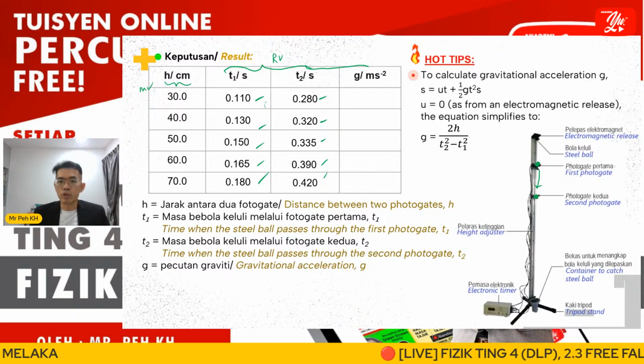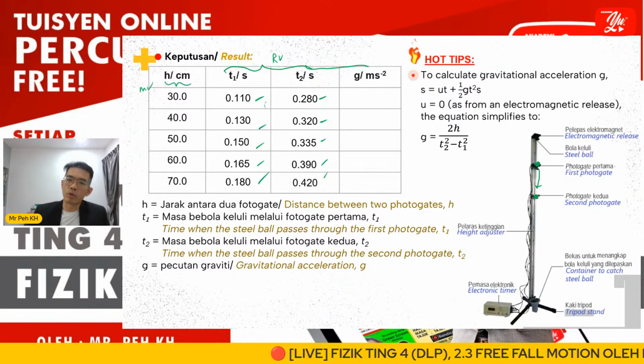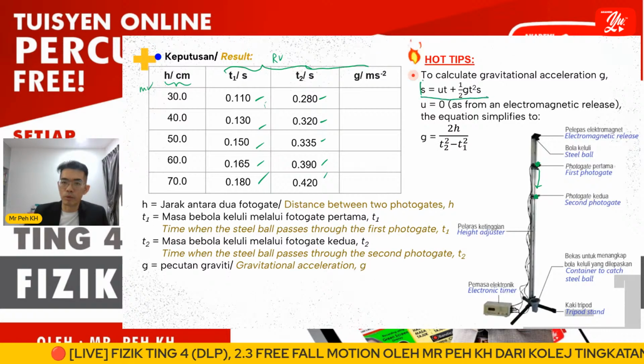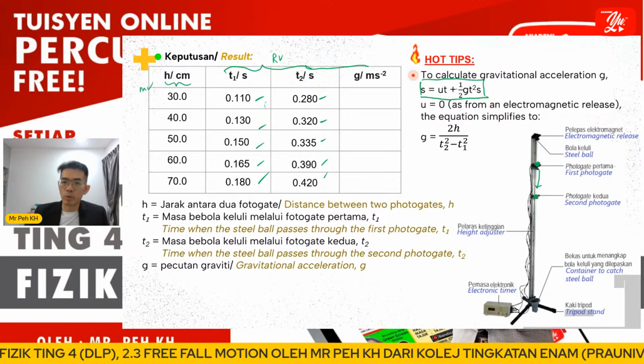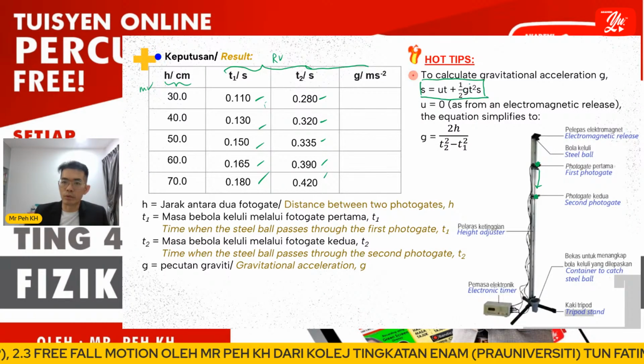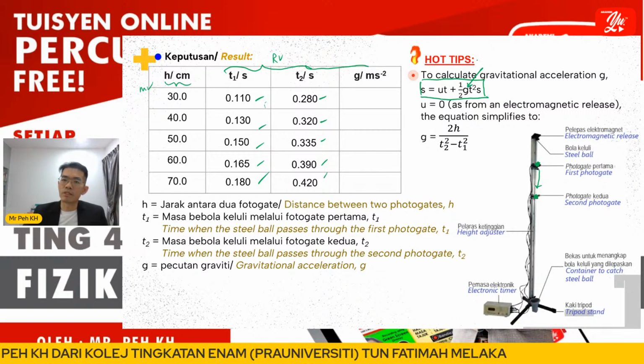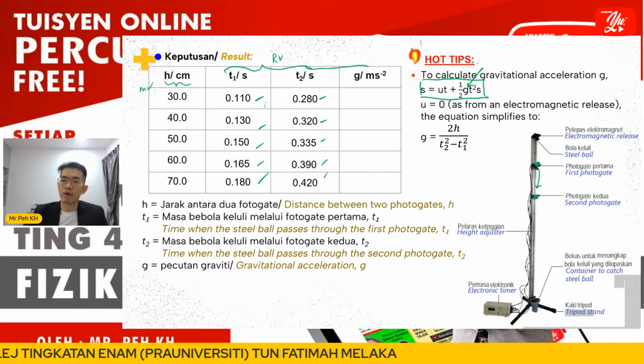Okay, so here, this will be the concept. To calculate the gravitational acceleration, we use this formula: s = ut + 1/2 gt². The G here is the gravitational acceleration we want to find.